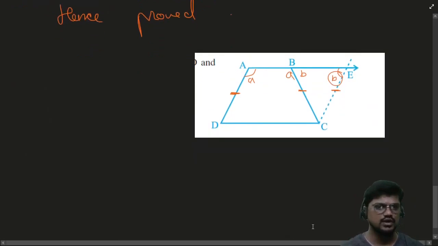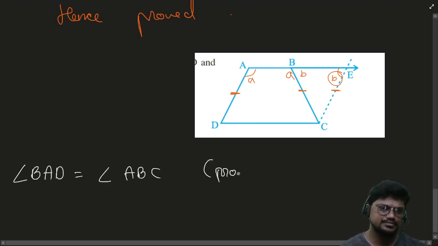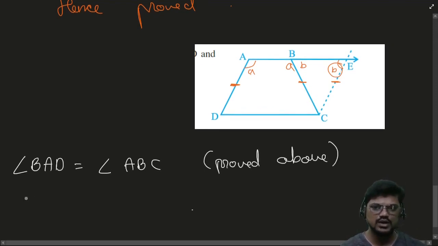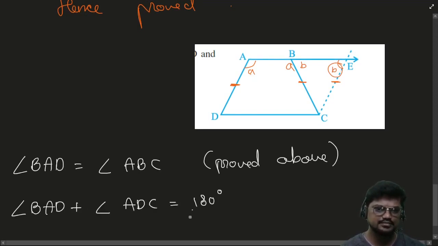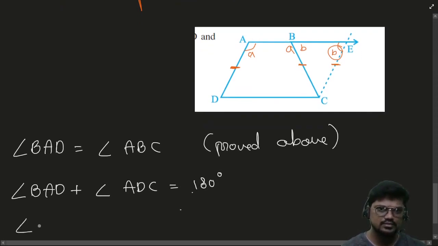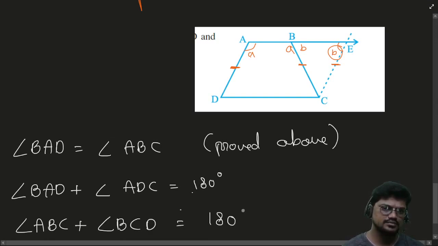Now, over here, what you have, angle BAD is equal to angle ABC. Proved above, right? And also we know that angle BAD plus angle ADC equals 180 degrees, and angle ABC plus angle BCD equals 180 degrees.